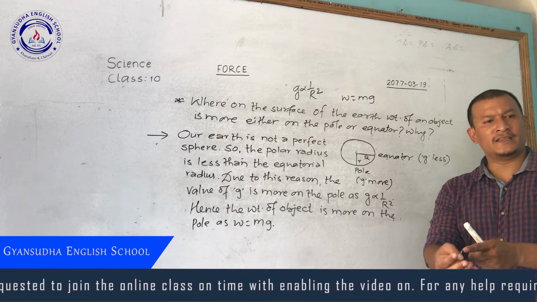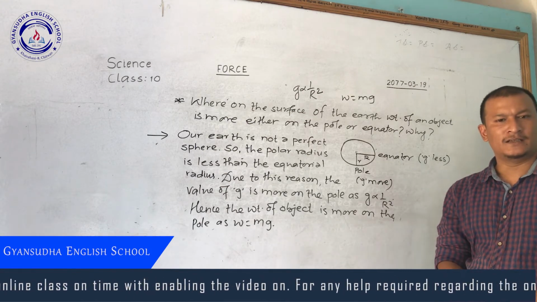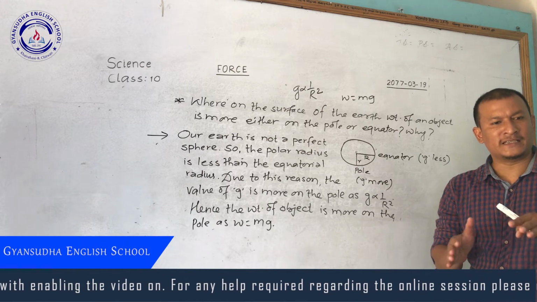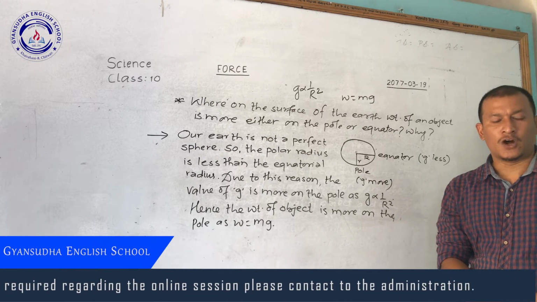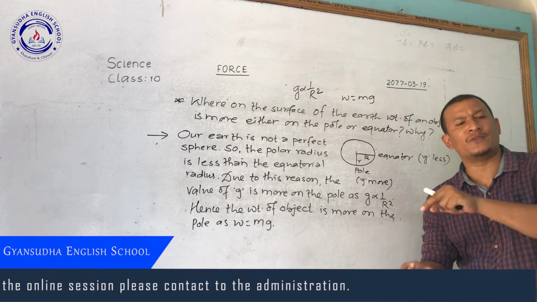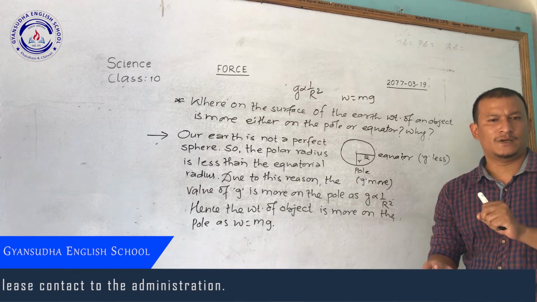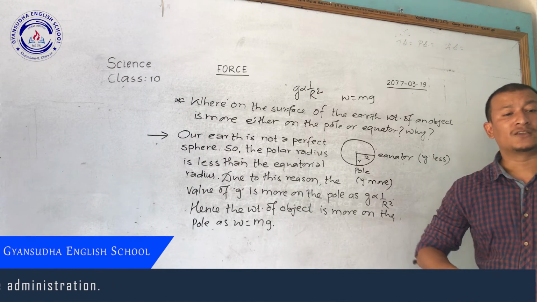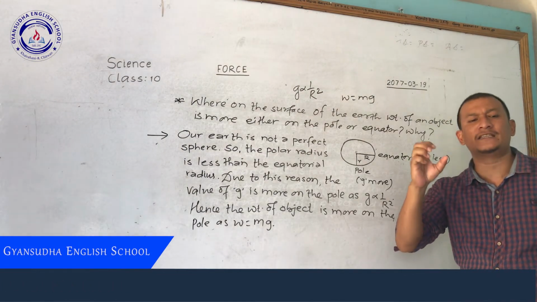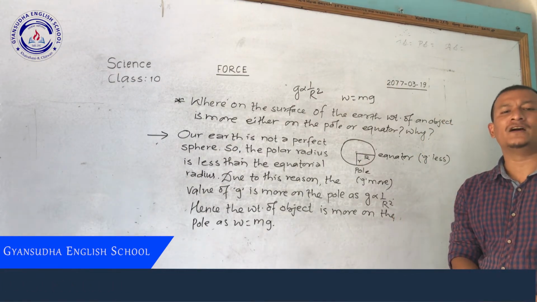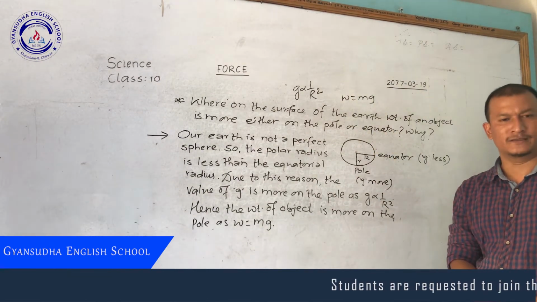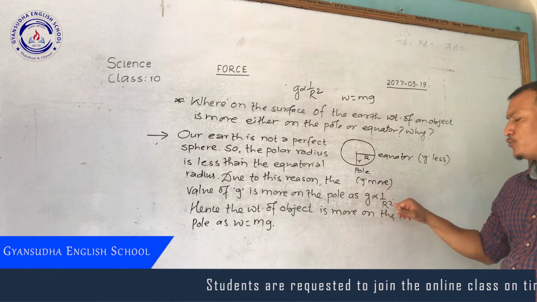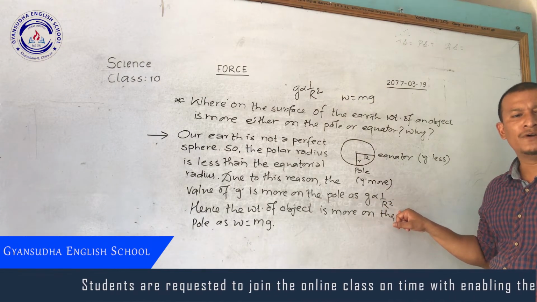You know that Tarai region is situated at low height, isn't it? Low height. That means the distance is less, altitude is less. Don't forget, the distance is always taken from the center of the earth. That's why Tarai is situated at less height than the hilly region. So the value of g is more in Tarai region, as g is inversely proportional to square of distance.